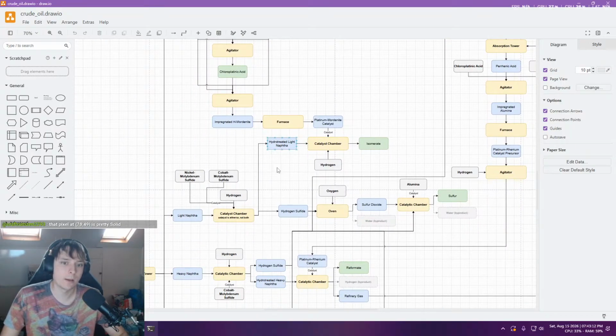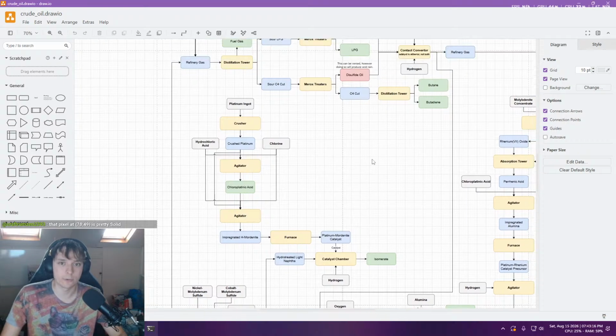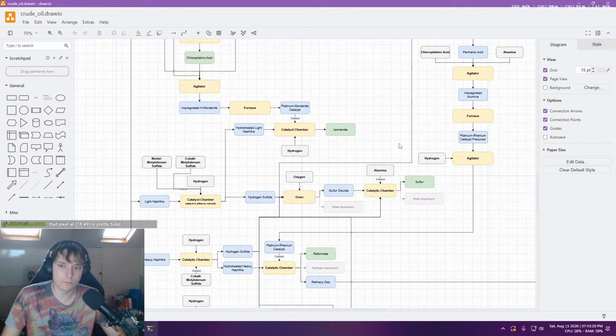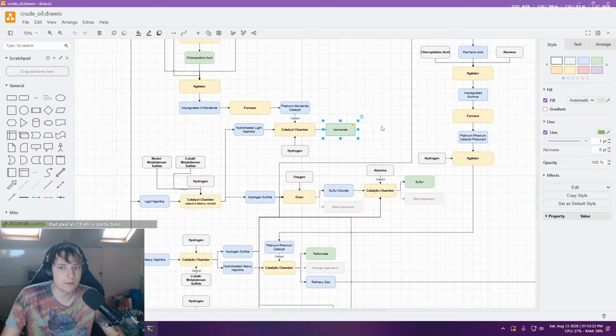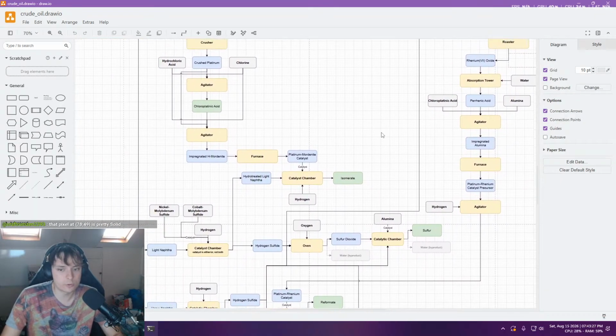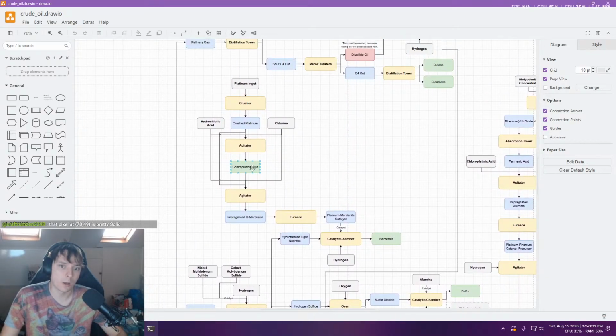Next we have the light naphtha, which I'm probably also pronouncing incorrectly. The product of that is basically just isomerate. There are a couple of others, but they're more in-process products.